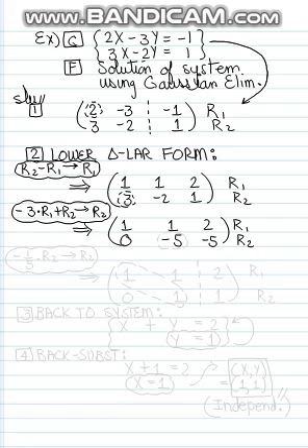At the top, there's a 1, so I don't need to do anything to that. But down below the 1 is a -5, and I want that to be a 1 to get lower triangular form. So to get that 1, I'm going to do the following row operation: -1/5 times row 2 will now become my new row 2.